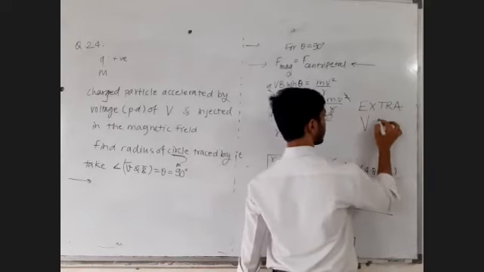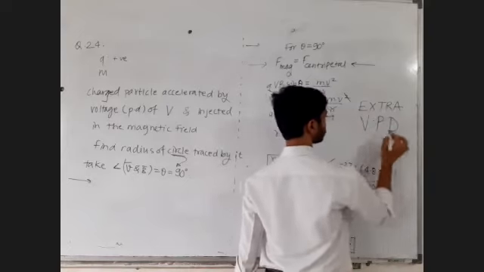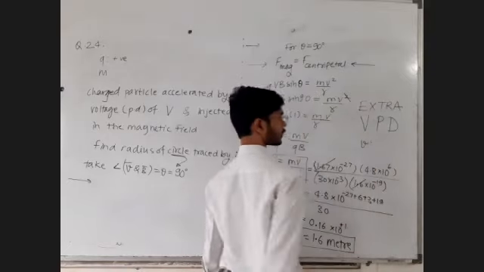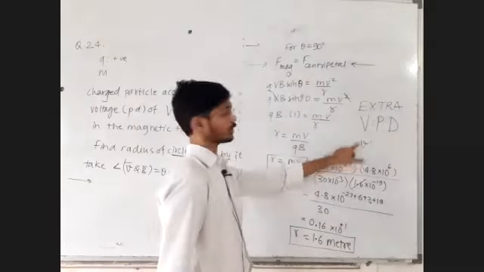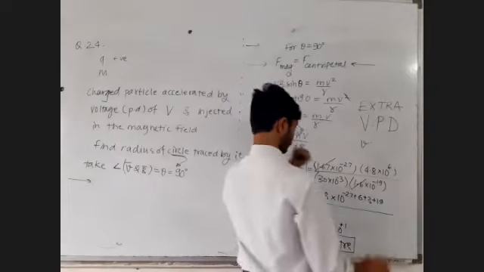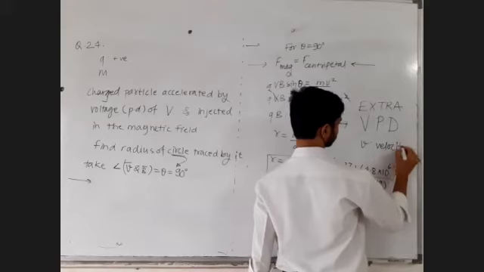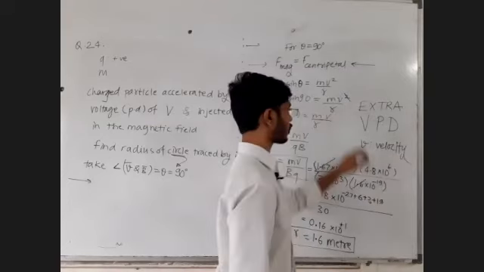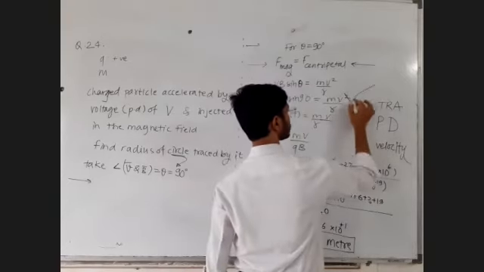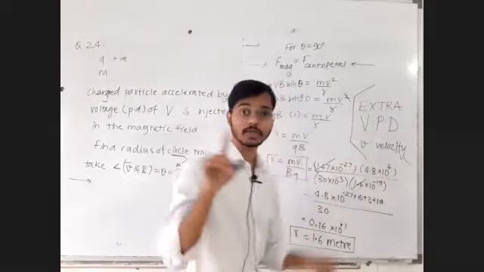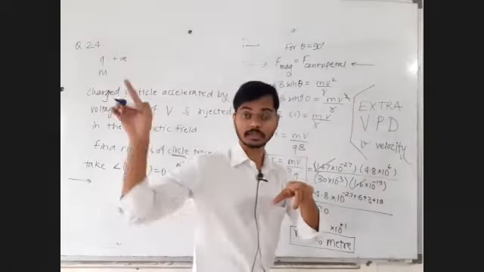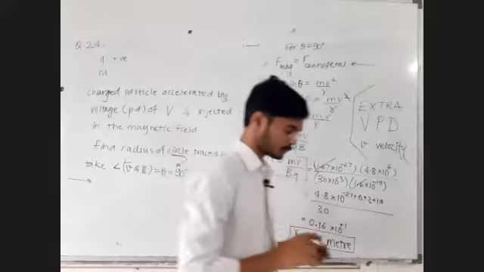Capital V is the potential difference. Write small v differently; small v should look different than the capital V, for velocity. I want everyone to follow this convention. Otherwise, definitely you will cancel velocity and voltage, cancelling this v and that v.